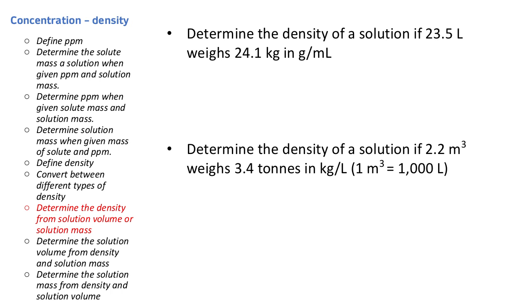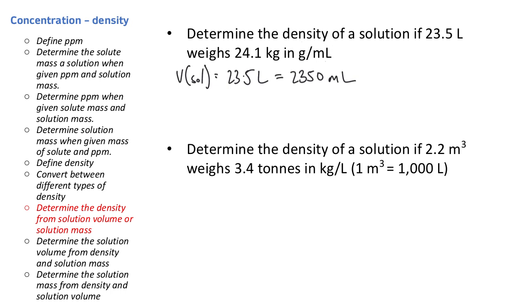Determine the density of a solution if 23.5 liters weighs 24.1 kilograms, in grams per mil. So we're going to convert things. The volume of the solution is 23.5 liters, which is the same as 23,500 mils. We're converting liters to mils because that's what I'm trying to get to, grams per mil.